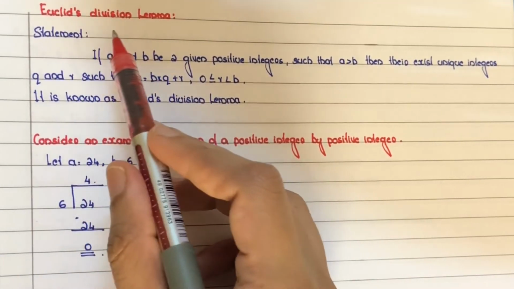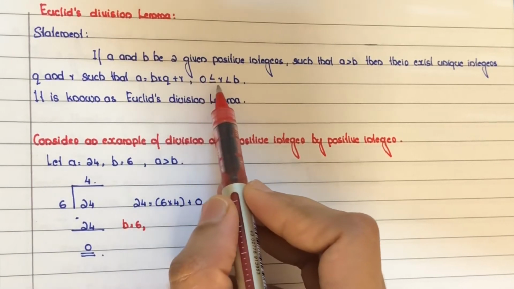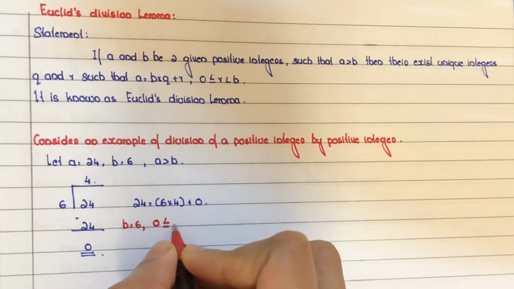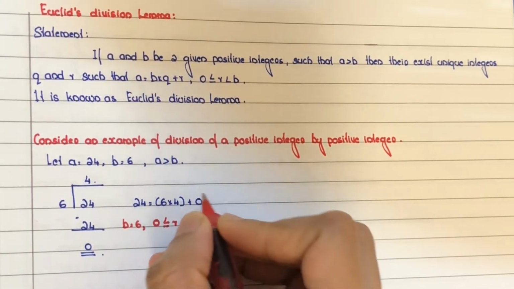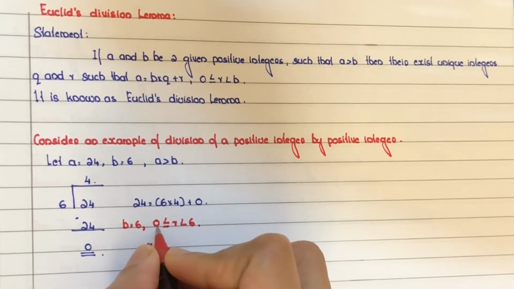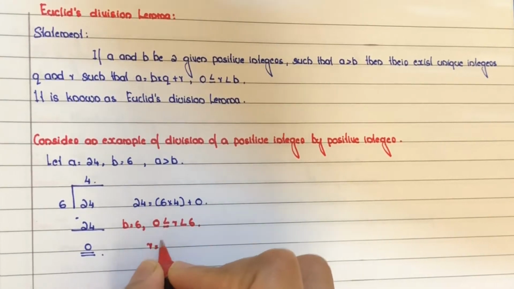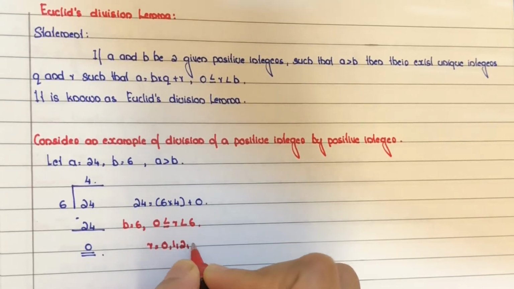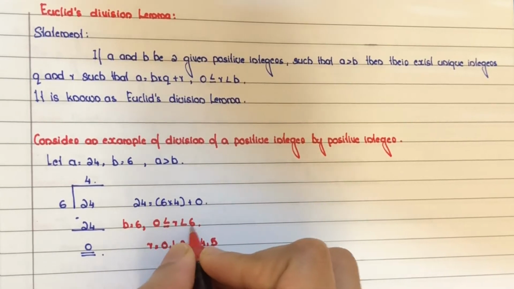So as per Euclid division lemma, value of r should be 0 less than or equal to r less than b, which is 6. That is r is equal to 0 less than or equal, isn't it? So 0 is included. 1, 2, 3, 4 and 5 less than 6.